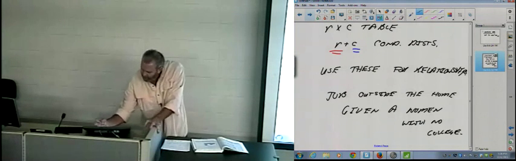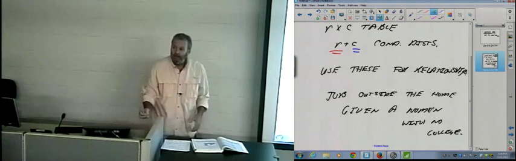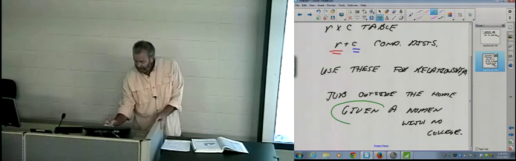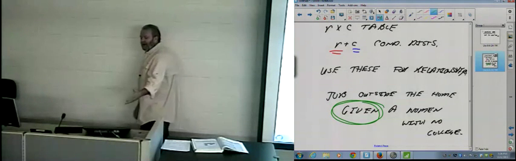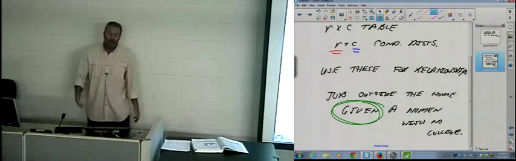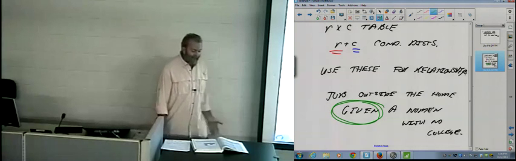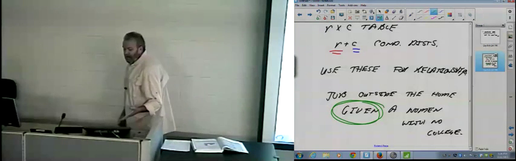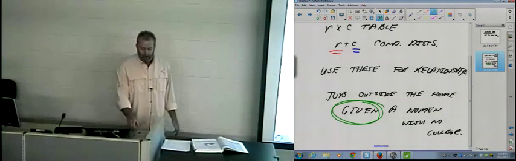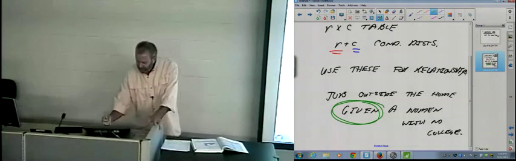Now, I'm going to circle a word here for you. The key word here is given. We're only looking at women with no college here, and I want to know out of that group, out of that row, what percentage of those people said a job outside the home, right? So I want to calculate that percentage.